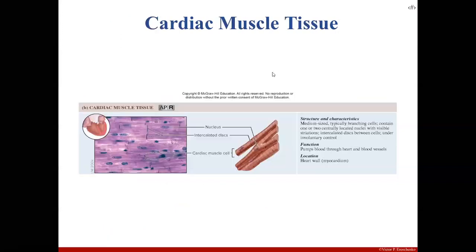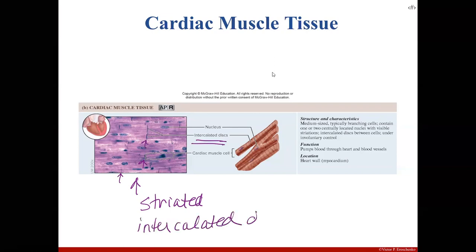Okay, now cardiac muscle is also striated. But it's got these things in between the cells, and those things in between the cells are called intercalated discs.